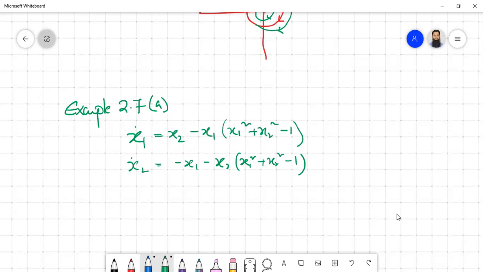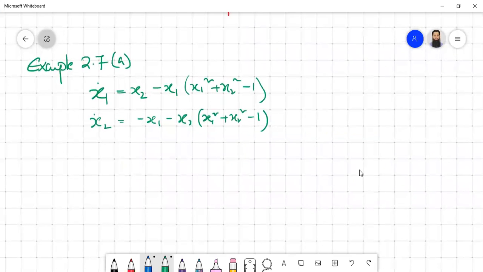So this is our system, and we have to predict whether it has a limit cycle, a stable limit cycle or not. Now, whether there is a limit cycle, this is question number one. And if there is a limit cycle, whether it is stable, unstable, or marginally stable.